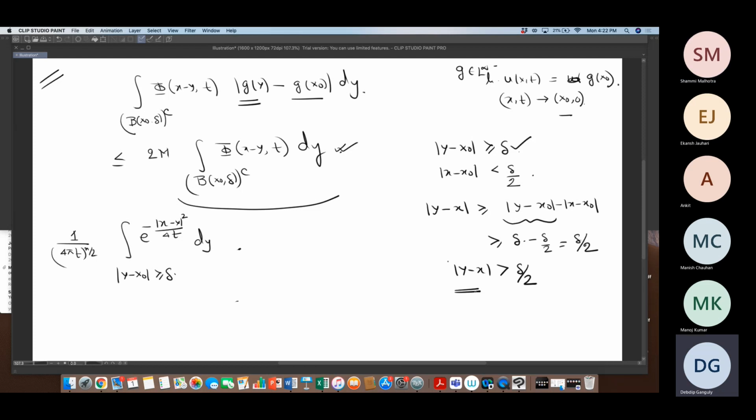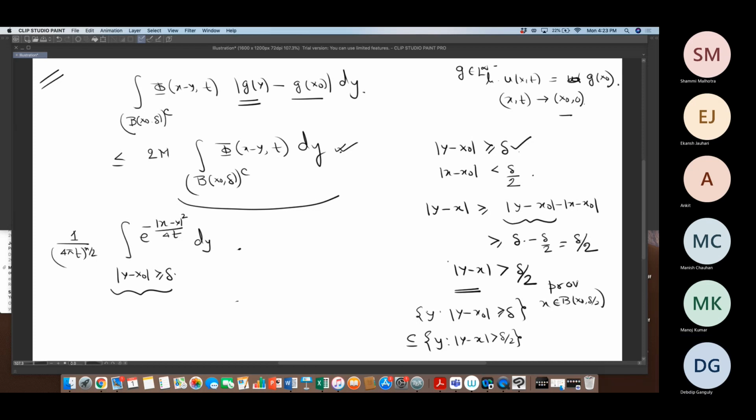That means the set of all y such that mod y minus x naught is greater than delta is contained in the set of all y such that mod y minus x is greater than delta by 2, provided x belongs to the neighborhood of x naught of radius delta by 2. Provided. Is that true? Clear?